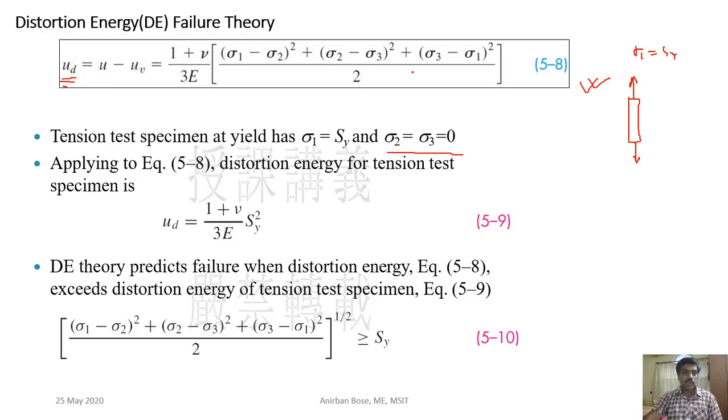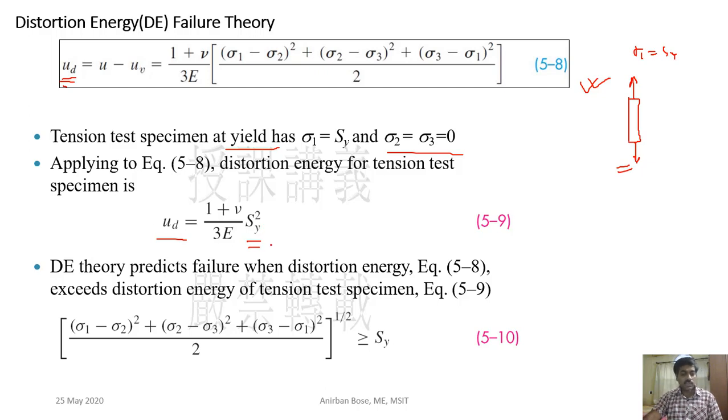If you put those values, the distortion strain energy corresponding to yielding in a tensile test will be (1 plus nu) by 3E into Sy square.